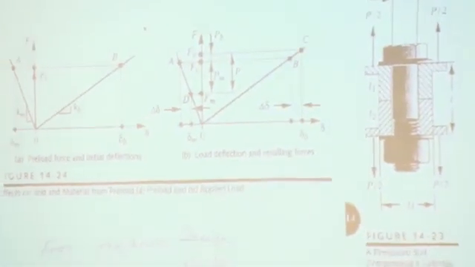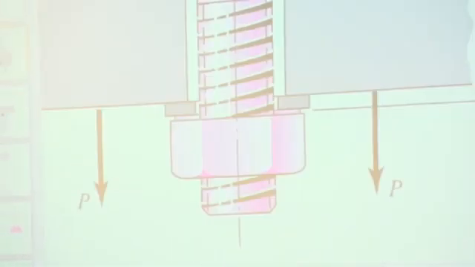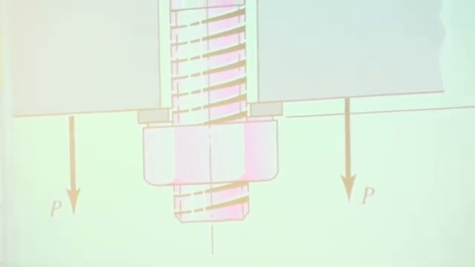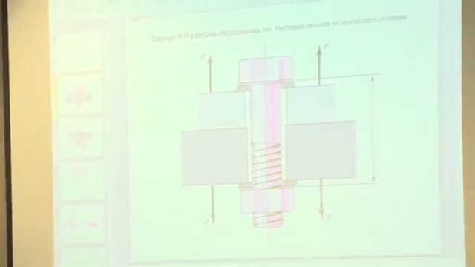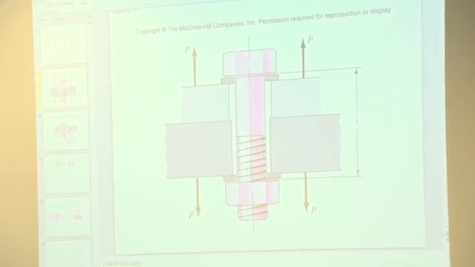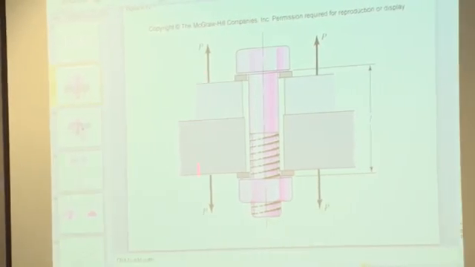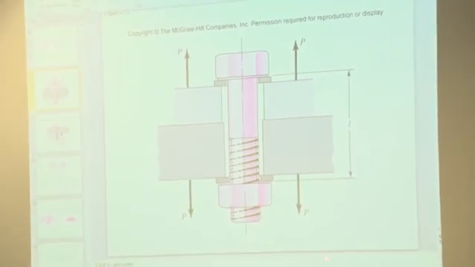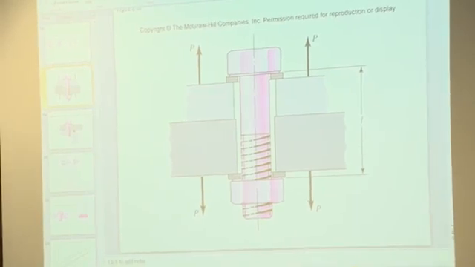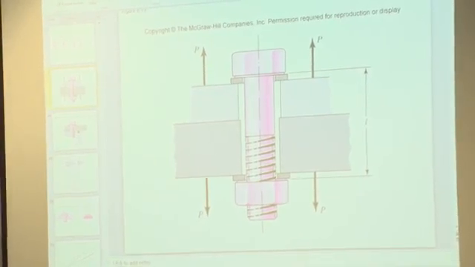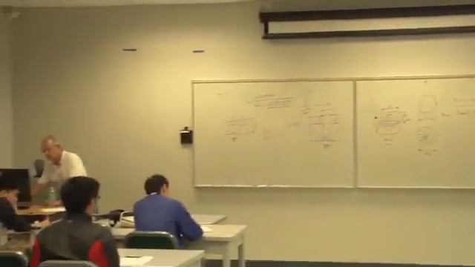A different picture of that is this. Bolted connection, two members, there's a bolted connection with a couple of washers, externally applied load. This externally applied load is not taken entirely by the bolt. We'll take a look at why not.